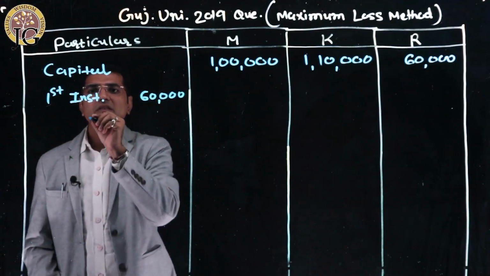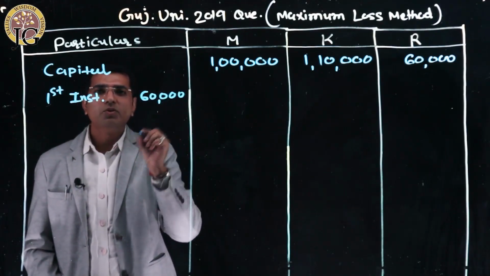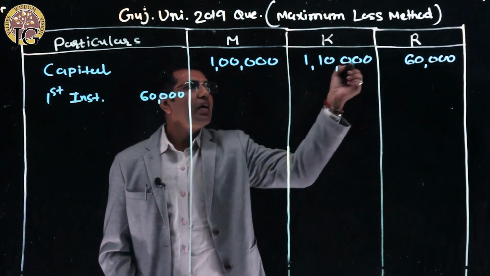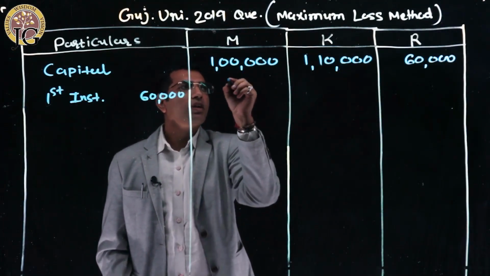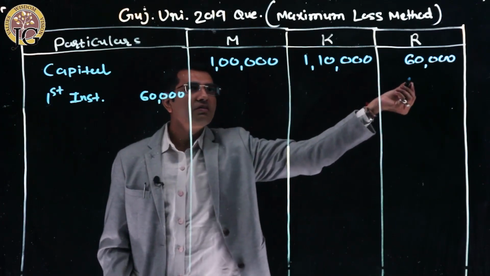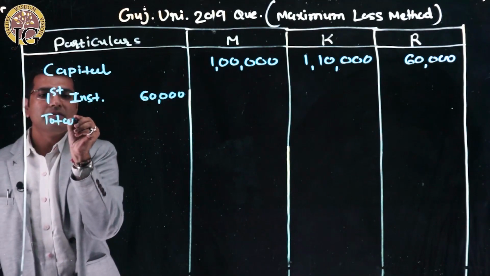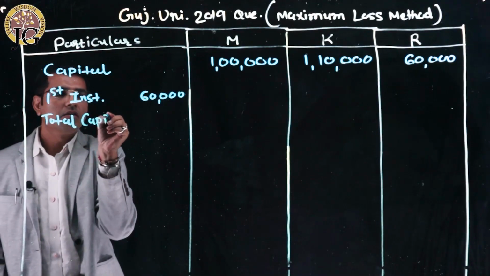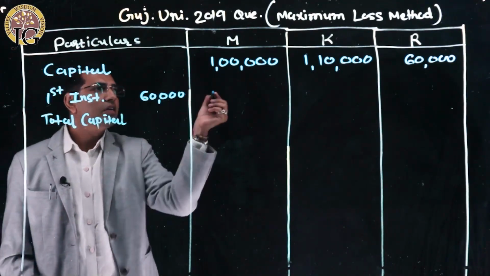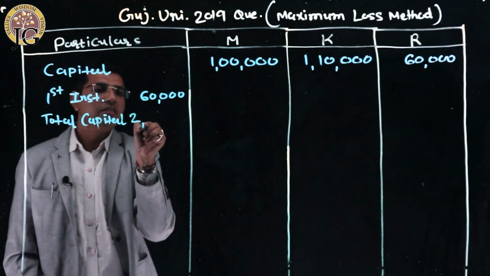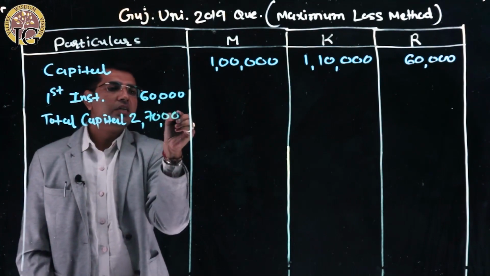So it means the firm has only 60,000 rupees, but the firm has to pay M, K and R total capital: 1 lakh plus 1 lakh 10,000 plus 60,000. So total capital payment is 1 lakh plus 1 lakh 10,000 plus 60,000, that is 2 lakh 70,000.